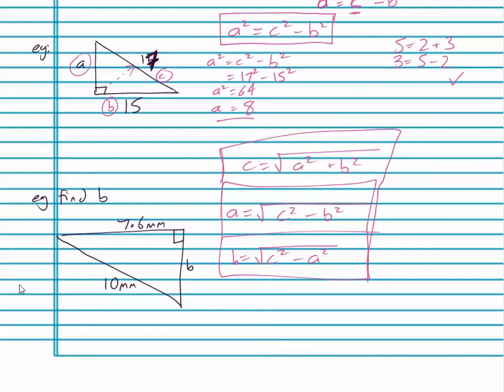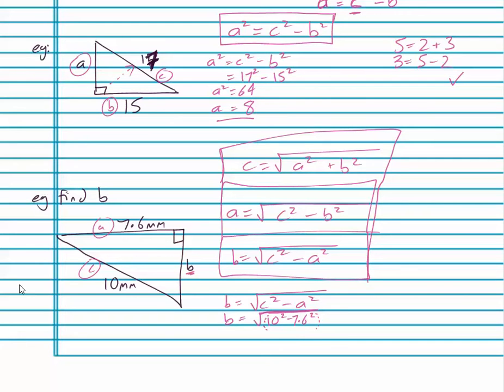You don't need to use these. You can always just use the original theorem, c squared equals a squared plus b squared. Choose the one that finds the side we want, b. B equals the square root of c squared minus a squared. Label our sides, substitute our values, and you can actually type this in and go straight to answer B. Remember that because my square root sign goes all the way across, it means I have invisible brackets around this.